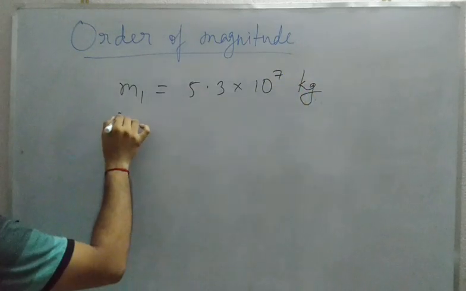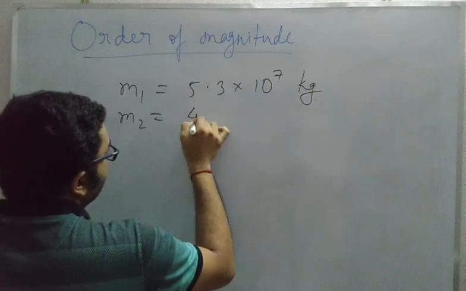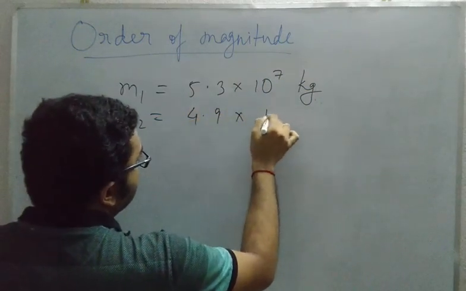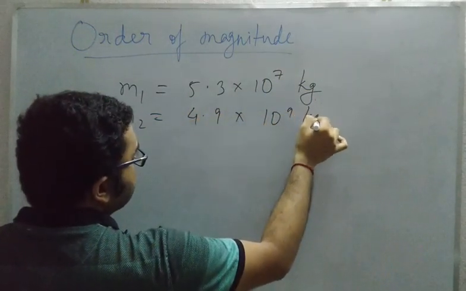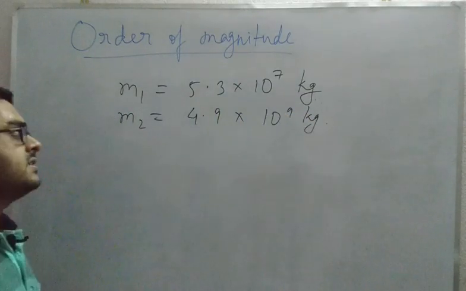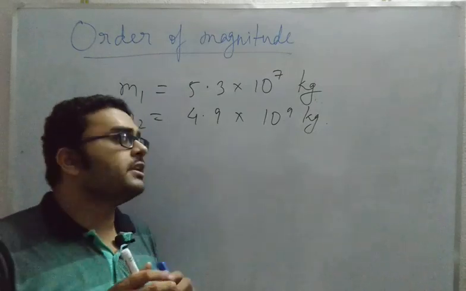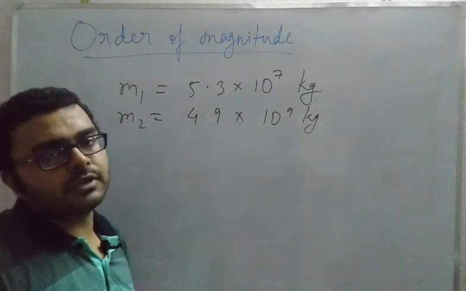And the mass of another object is, say, 4.9 into 10 to the power 9 kg. Okay, so now see, when you compare these masses, this 5.3 or 4.9 is very small in comparison to 10 to the power 7 or 10 to the power 9.